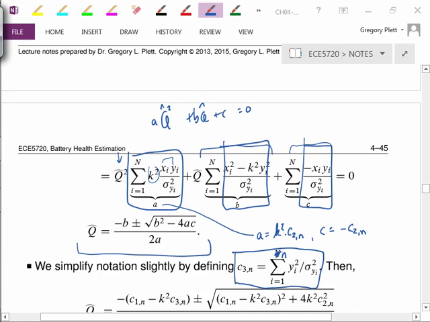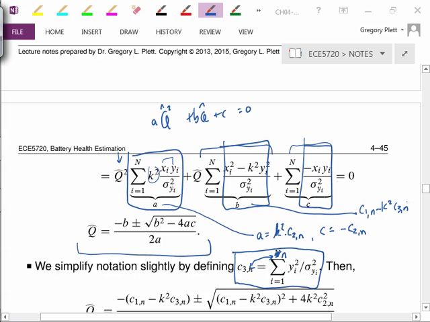No, it shouldn't. Oh, that's tricky. I'm mixing my little and my big n's, aren't I? So this n and this n need to be the same, whatever they are. So c3n is the sum of the yi squared divided by the sigma yi squared. And if we define it that way, then my b is going to be c1n minus k squared c3n.